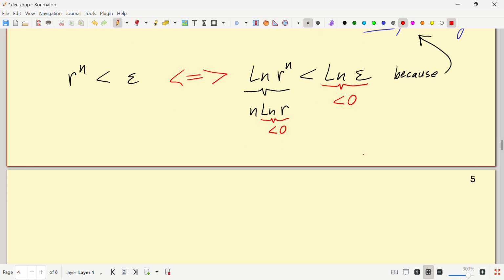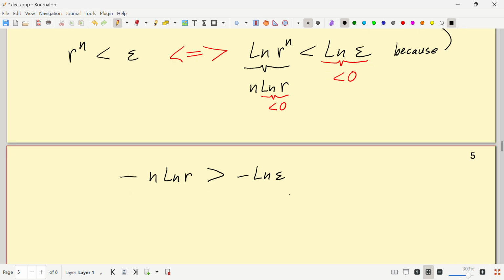So I'm going to take minus of that inequality and get minus n log r is greater than minus n log epsilon. Okay, I took minus that inequality, but now the good news is that this is n times minus log r. This side is minus log epsilon.